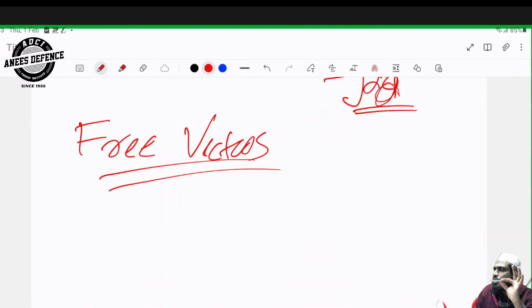For example, what is the length of this pen? The direction is like this and the length is this much. If, without changing the direction and the length of the vector, you are able to take that vector to any point in space, then this vector is known as a free vector.